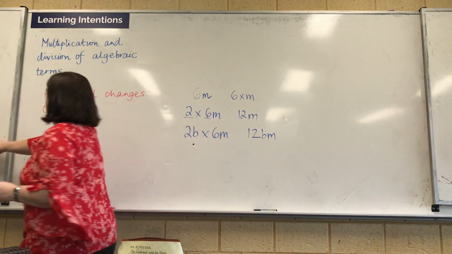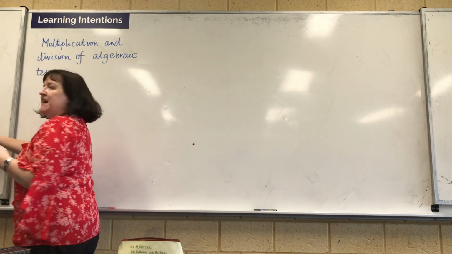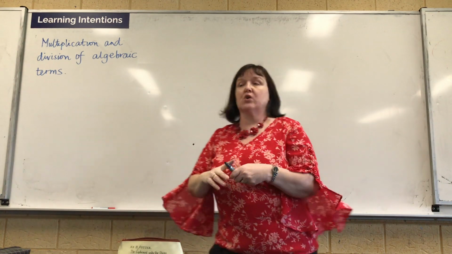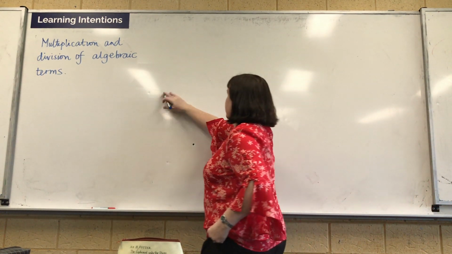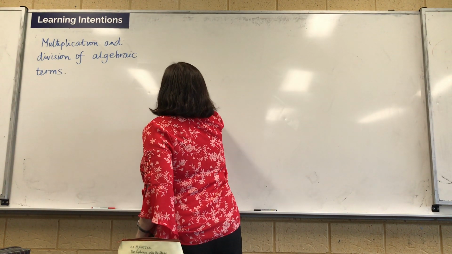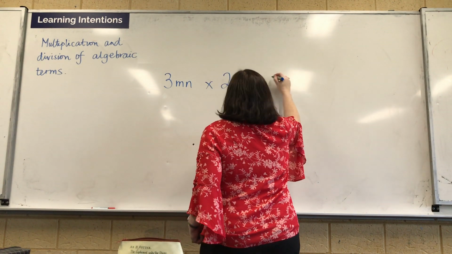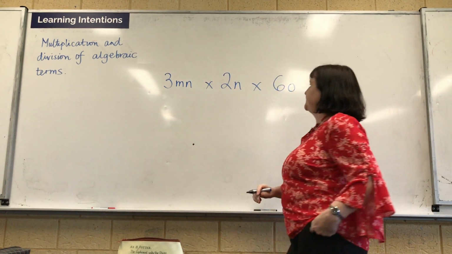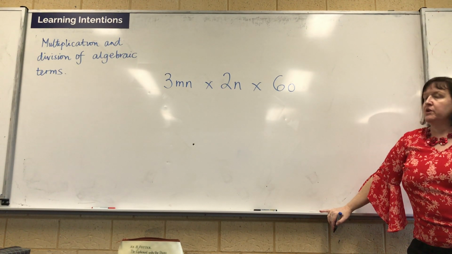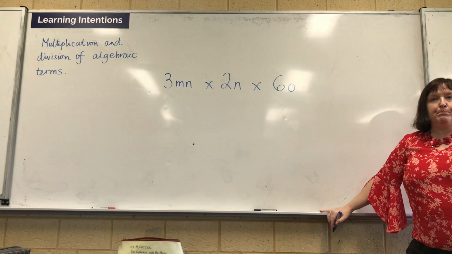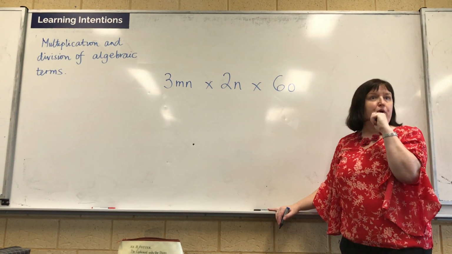So the only thing that's different is when we start adding some indices in, some index numbers, or when we have more than 2 things to multiply. So let's have a look at something like 3mn times 2n times 6o. So obviously we've got 3 algebraic terms, all of them with a coefficient and a pronumeral.